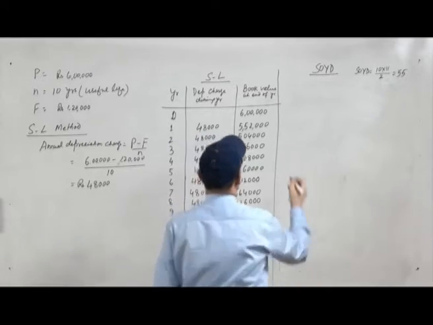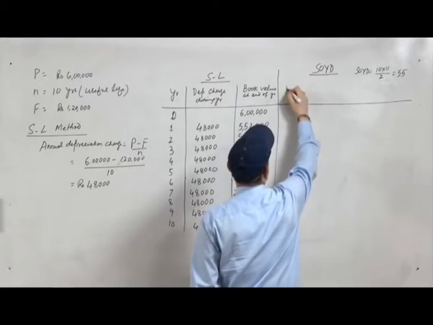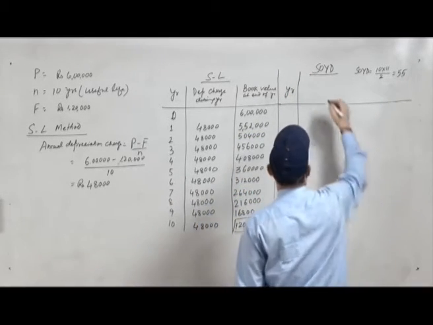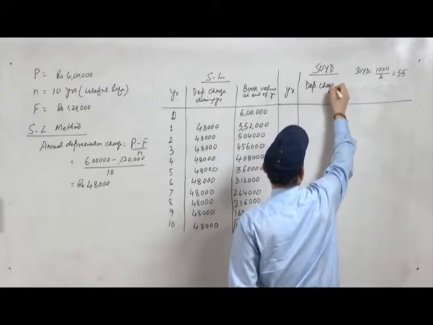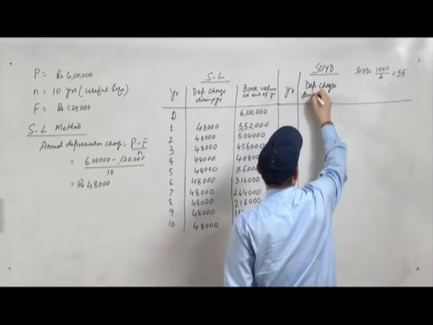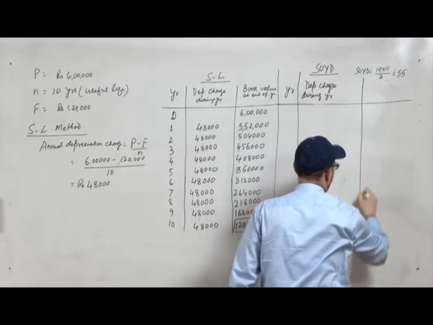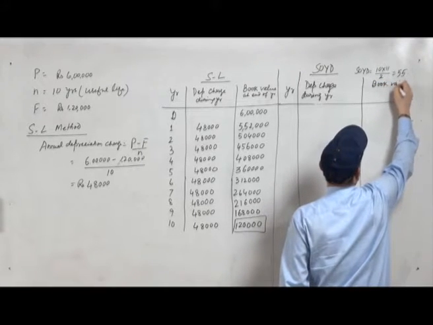Now, we will calculate in the same way. We have year, depreciation charge during year, and book value at the end of year.